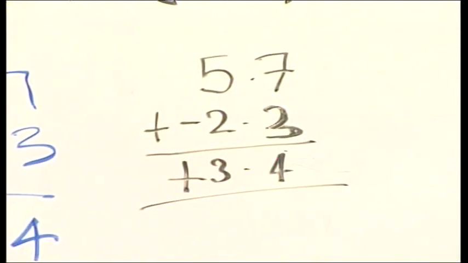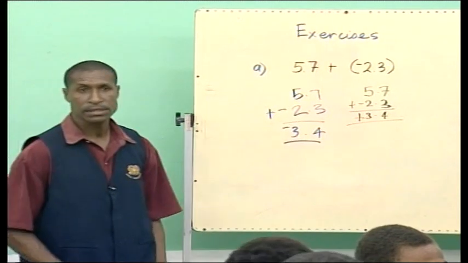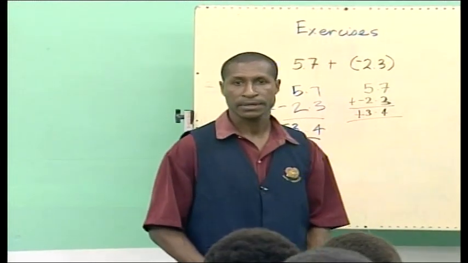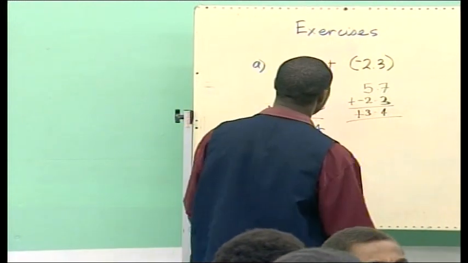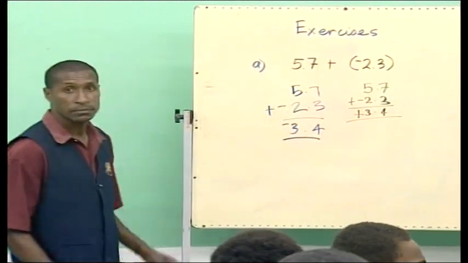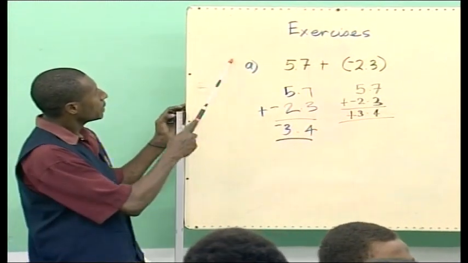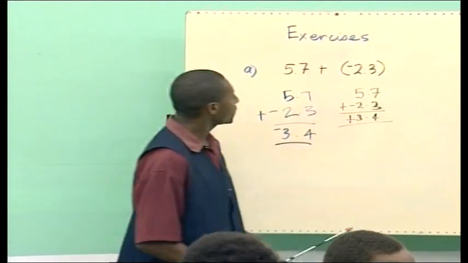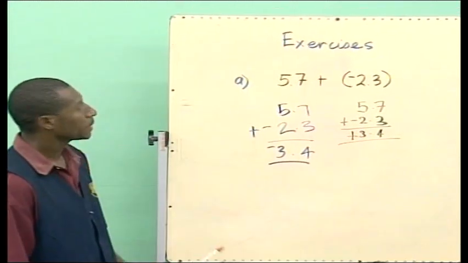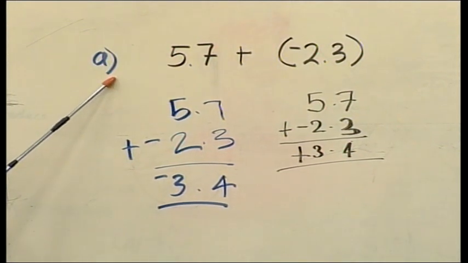Okay, thank you, Cooper. Receiving students, I hope you have written your answers on the board. Let us look at the 2 answers here. Question A, 5.7 plus negative 2.3.